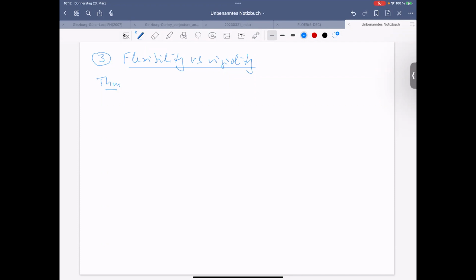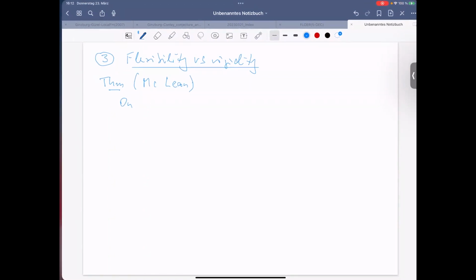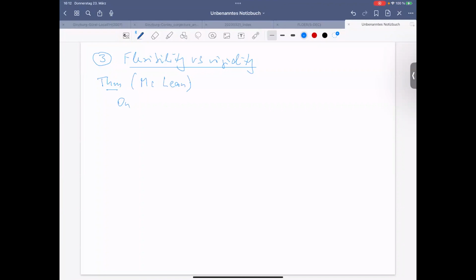Given on the same manifold two different Stein structures, are they equivalent in a suitable sense? I will say in what sense. So this is a theorem by Mark McLean on Cn.